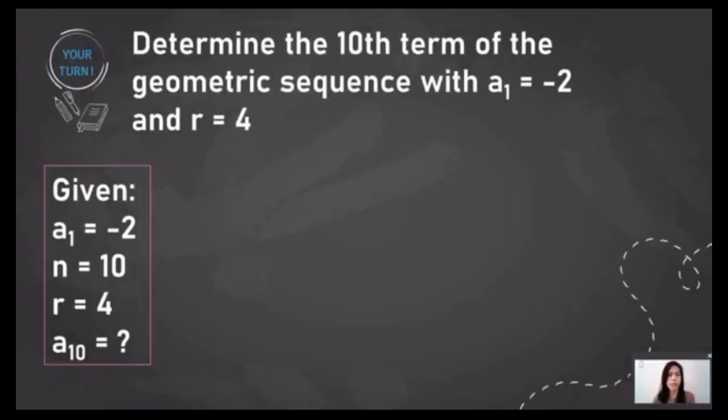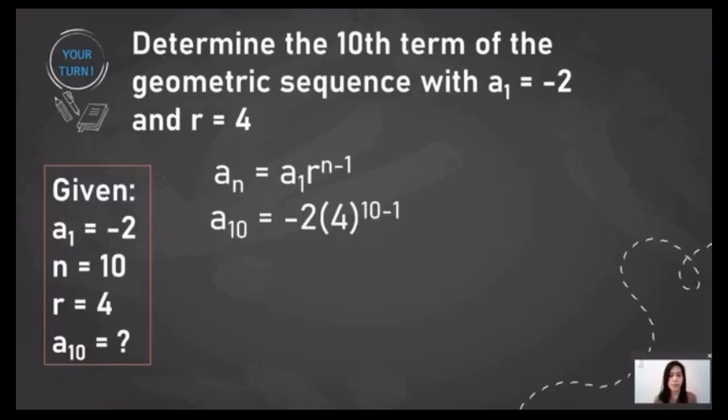Now our given are, the first term is negative 2, n is 10, r is 4, and we are looking for the 10th term or a sub 10.